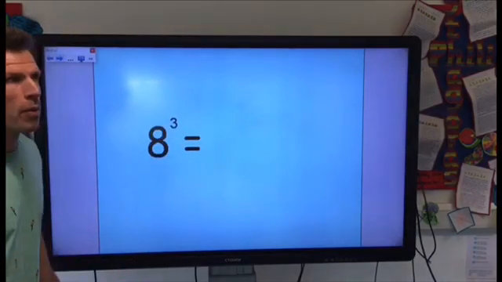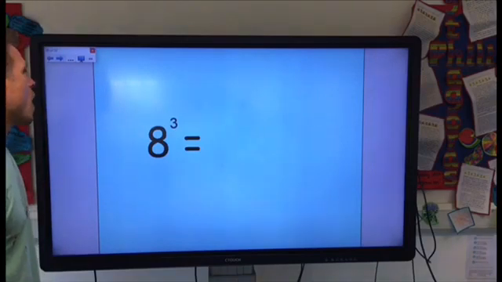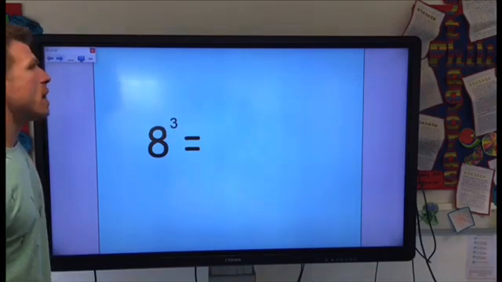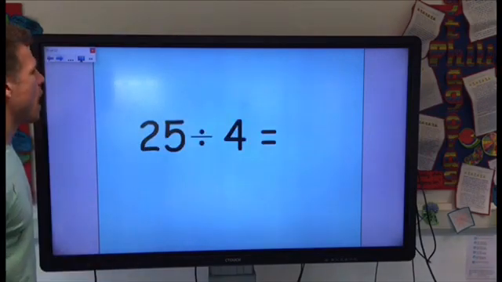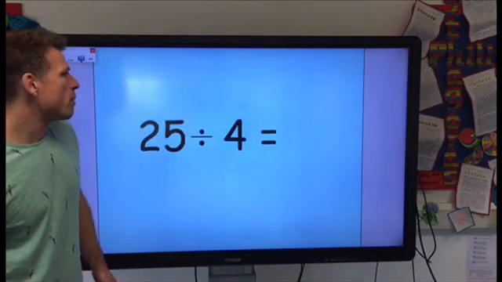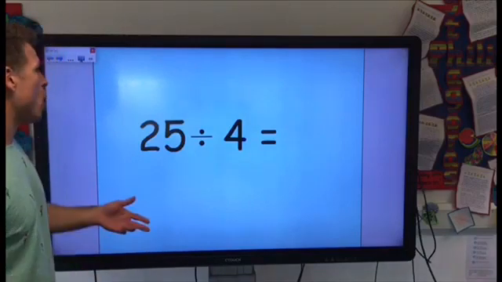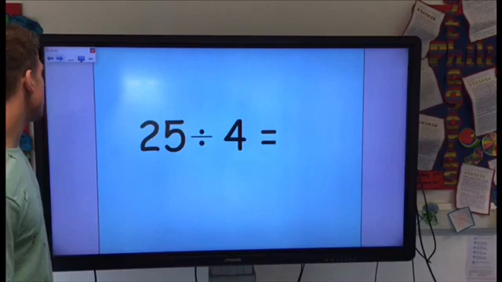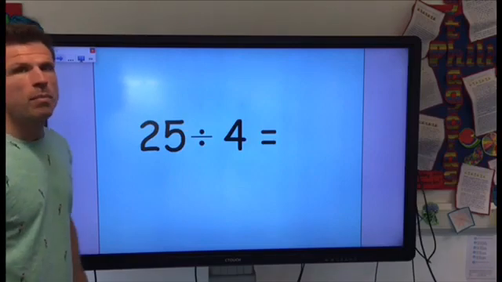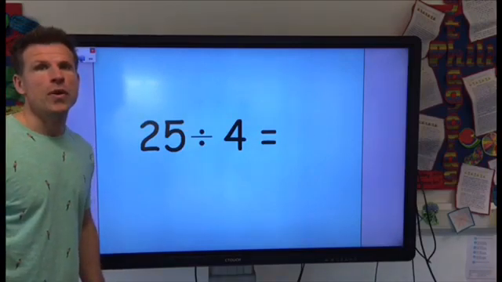Do you know your cube numbers? I make that to be 512. And 25 divided by 4. Easy way to divide by 4, half it and half it again. So you should have worked out, hopefully, 6.25.